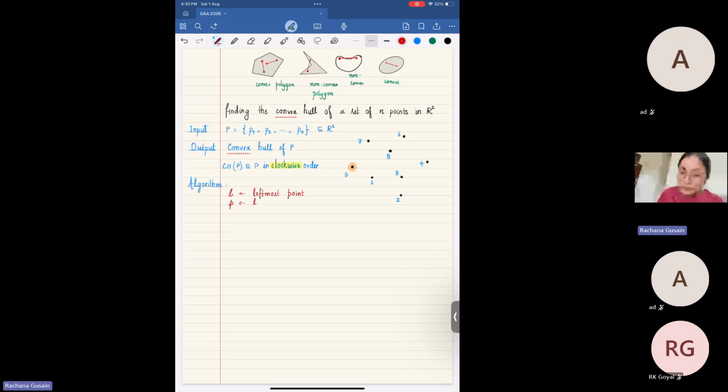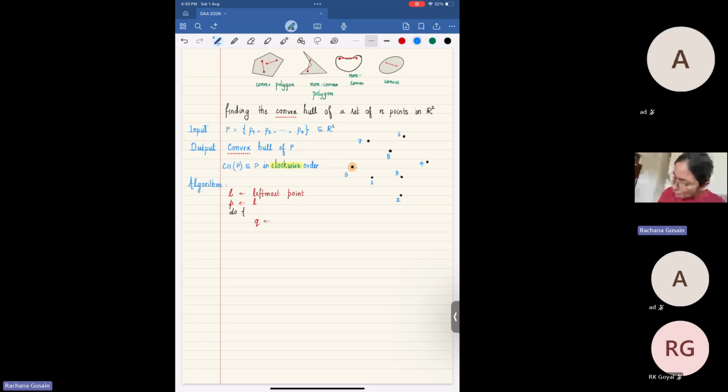Then we are going to repeatedly compute the next leftmost point. It's going to be a loop. In every iteration, we find the next leftmost point. Let's say I have an oracle that returns the next leftmost point. I'm going to store it in Q.